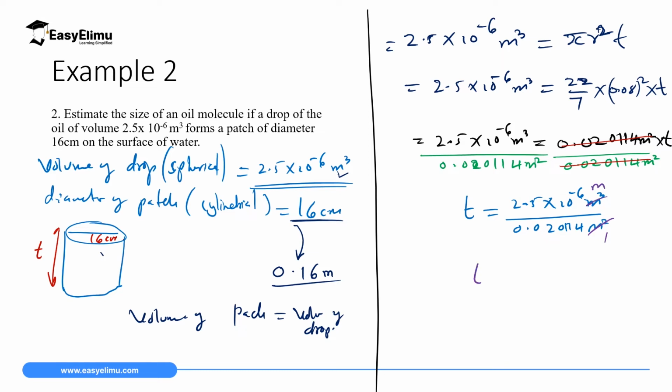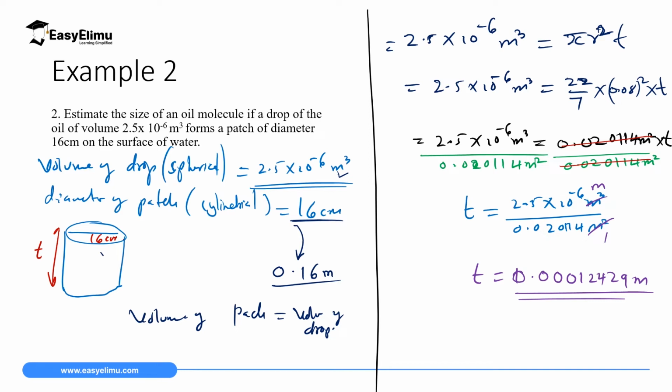Then when we solve this one, it will give us 0.00012429 meter. But the question says we should leave our answer in standard form.